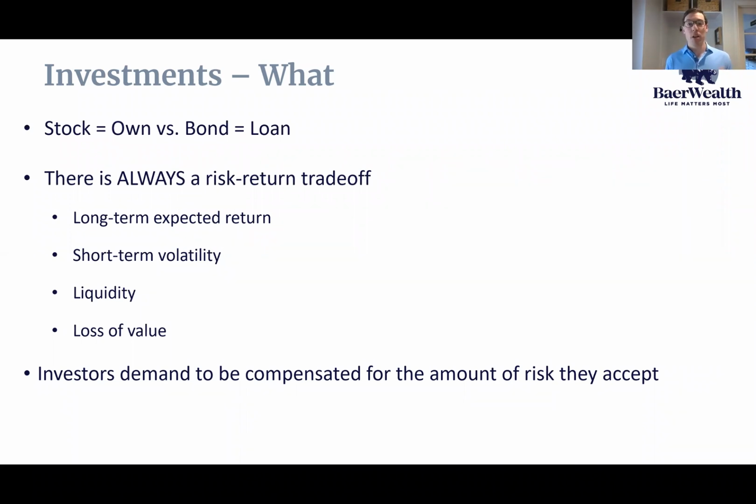You can never shed it or avoid it or sneak around it. It comes in different shapes, sizes and forms, and as investors, we have to analyze what that risk return trade-off is, and what we are comfortable accepting prior to making that investment.